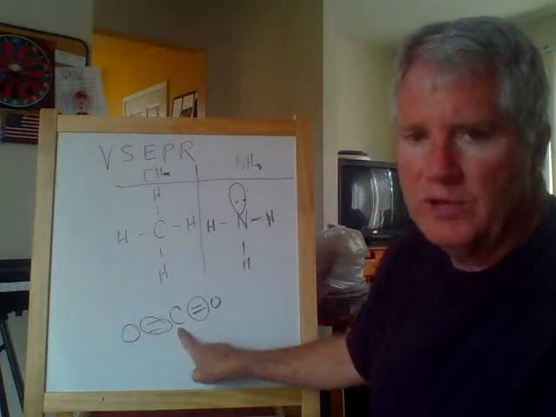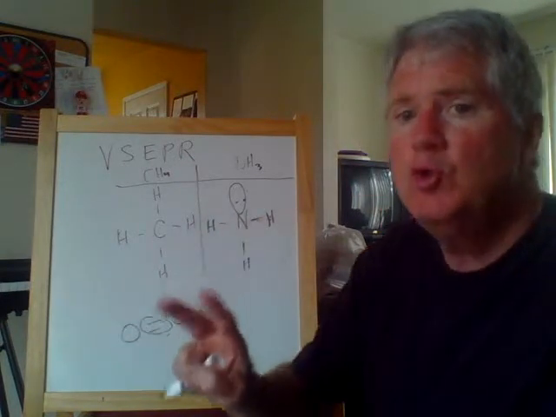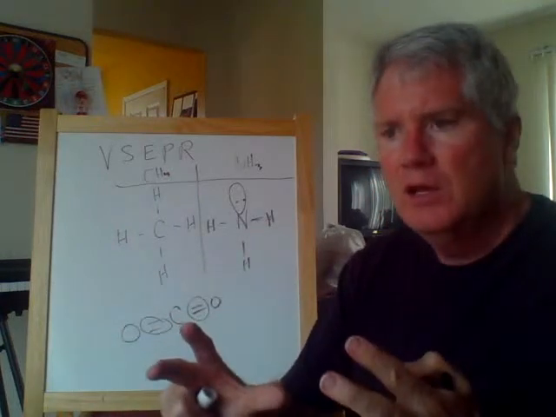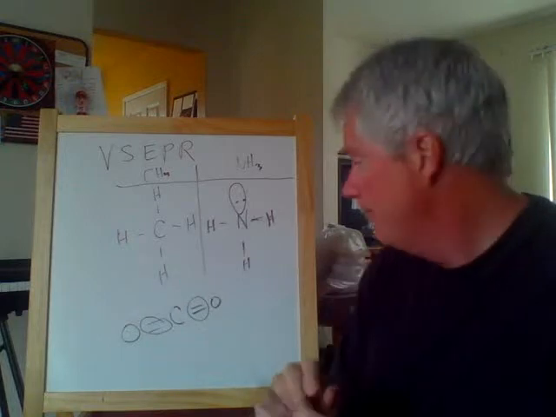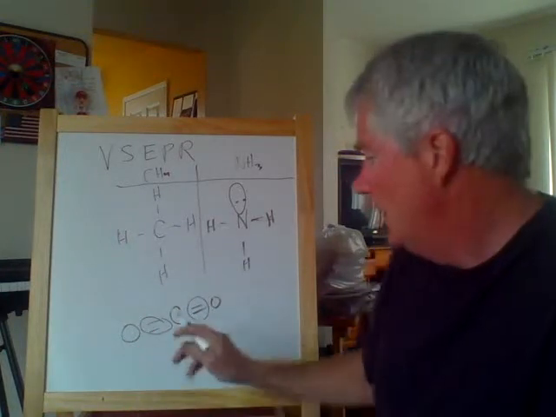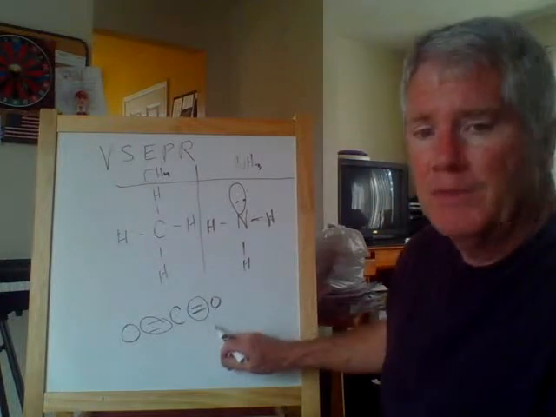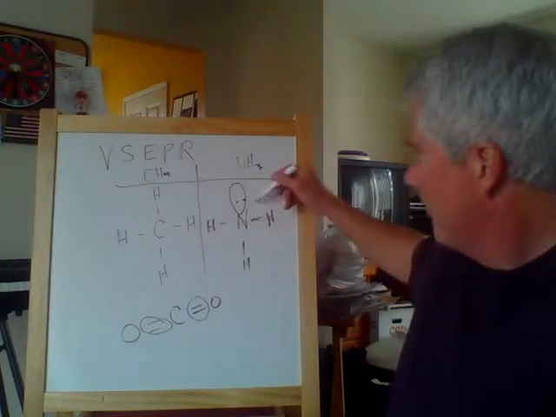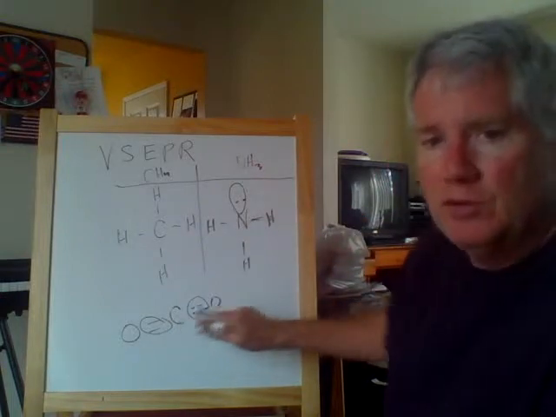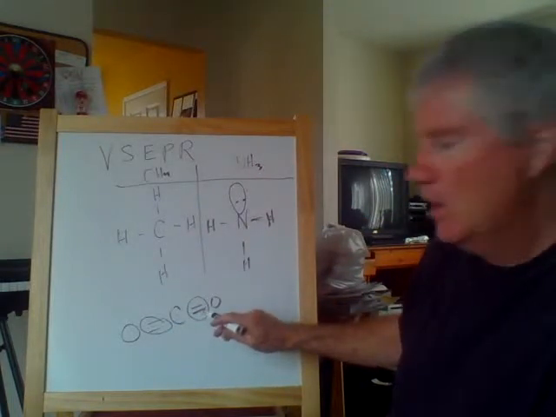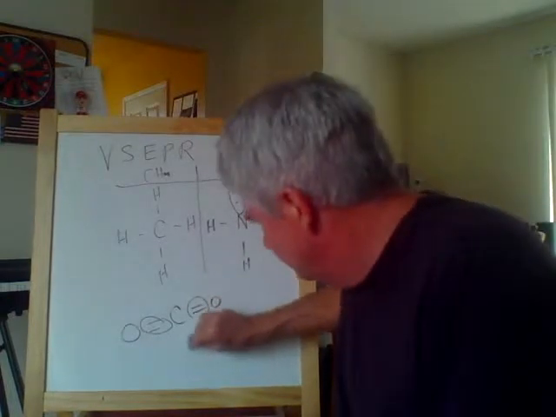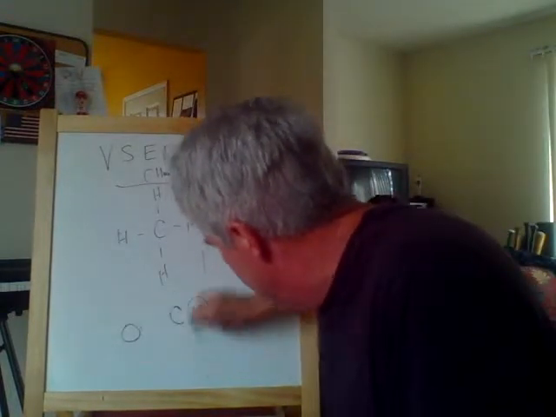Here's a case where the central atom really only has 2 electron groups or clouds, whatever we want to call it, bonded to it, and therefore it forms a linear shape. So in this case, unlike the ammonia case, which had 4, here we only have 2 things. Okay. Now, so this will have a linear shape.